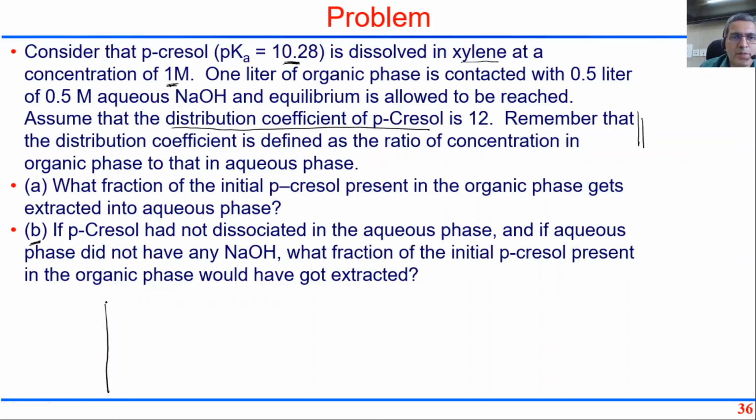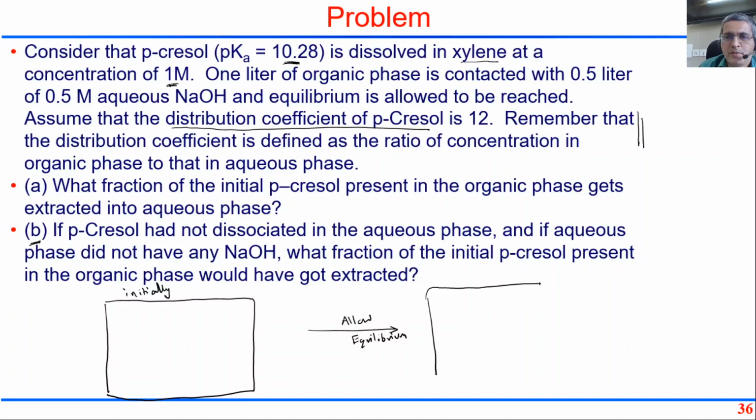I'm going to write what is there initially, allow equilibrium, and then write whatever is there at equilibrium. Let's try to write as many things as possible that we know initially and at equilibrium.